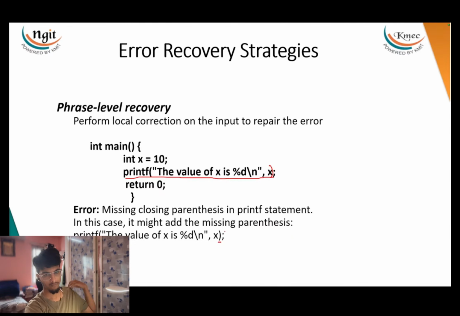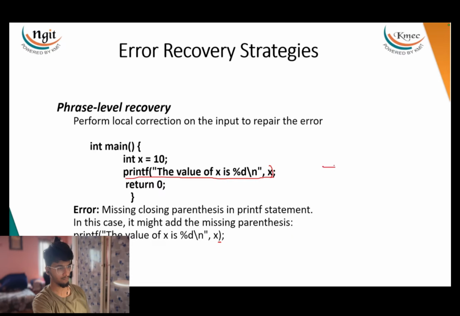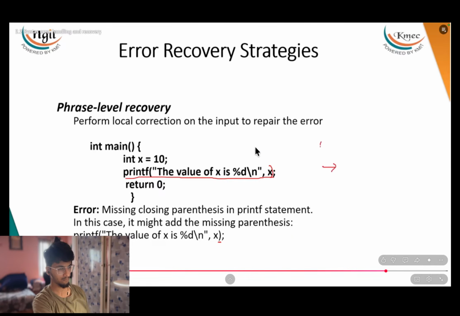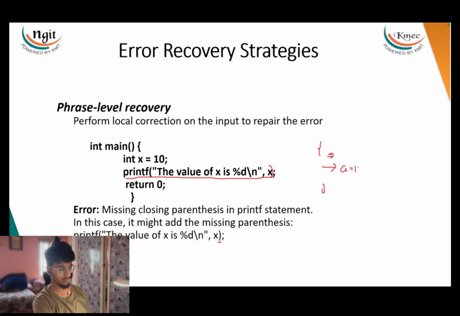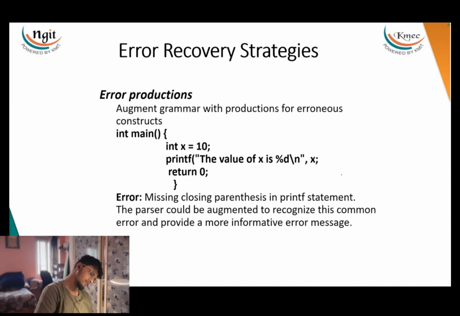For example, if you have used some uninitialized variable, you might think of initializing the variable locally, but by declaring this local variable, are you changing the meaning of other statements inside the block or before the block? We are not worrying about that. We are just trying to recover the local error.